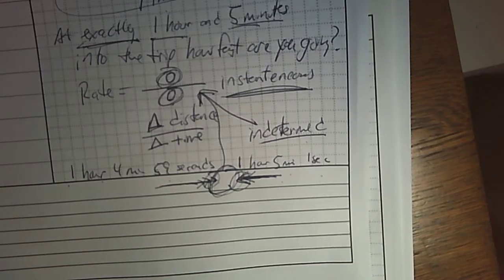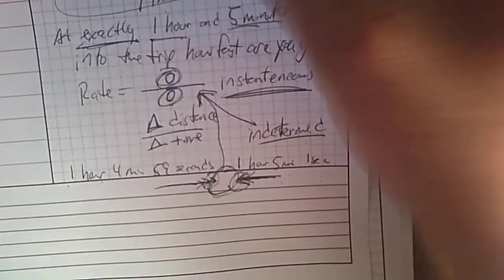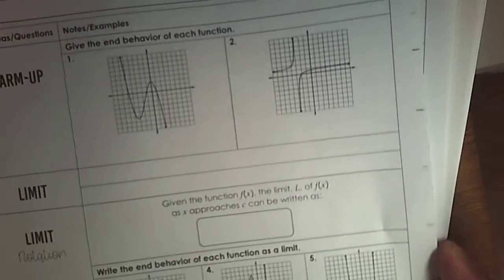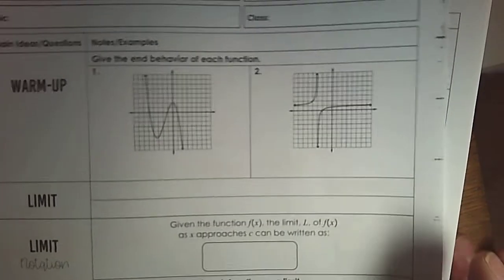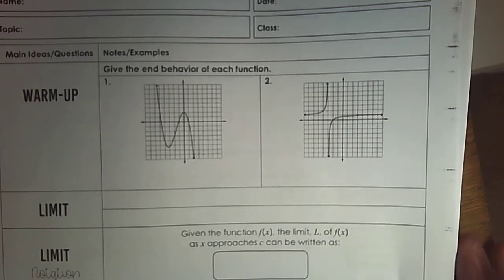So we're going to work right now on limits to be able to understand what Isaac Newton was discovering in mathematics. Let's talk about limits and end behavior, and then think about that scenario of instantaneous rate of change and how mathematically we can get there, even though we have that situation of 0 divided by 0, which is indeterminate.